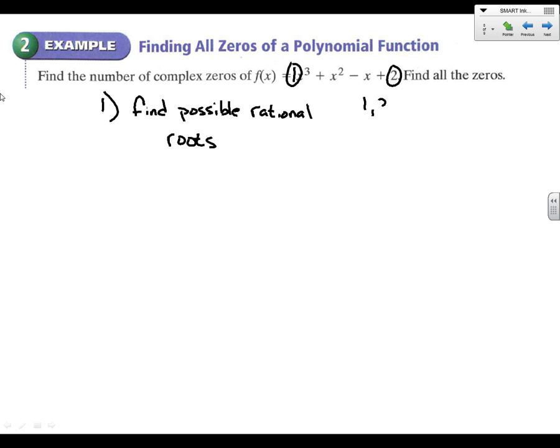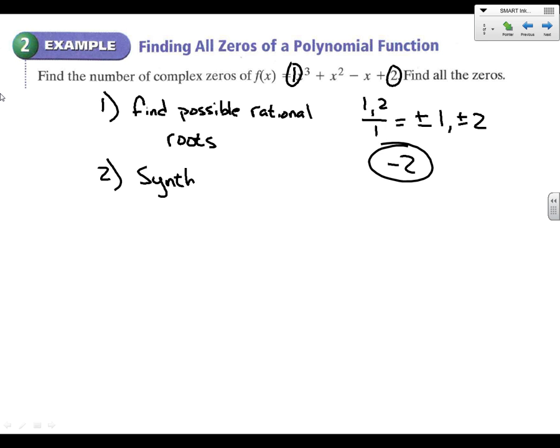So 1 and 2 over 1. So it's either plus or minus 1 or plus or minus 2. And we said -2. So that is a possible one. We're going to take that. Step 2, synthetic division using the root we found.